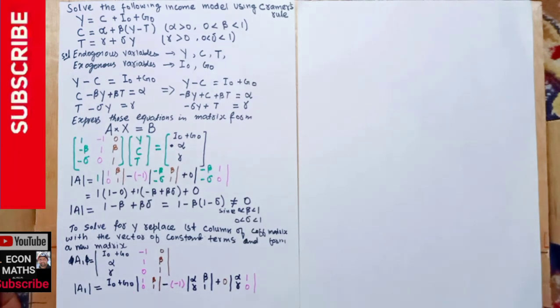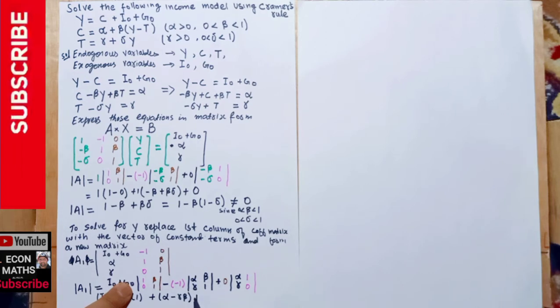We will solve this quickly. So this is I0 plus G0, so I will write it in brackets. Now multiply 1 into 1 is 1, minus beta into 0, that is 0, 1 minus 0, that is 1 here. Now minus minus is plus, alpha into 1 is alpha, minus gamma into beta, that is gamma into beta here.